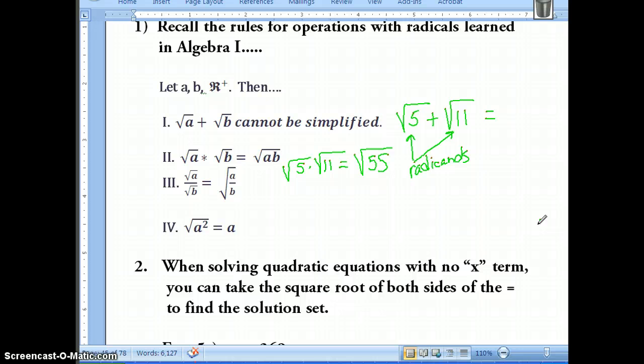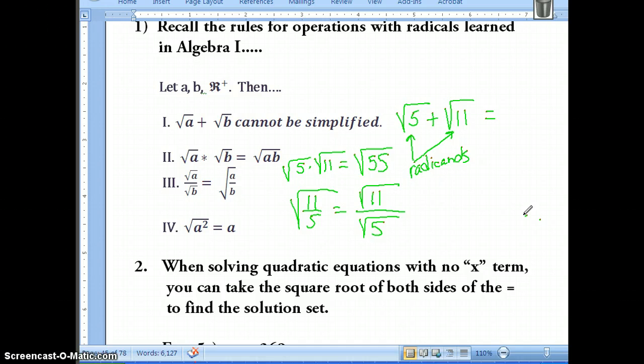Rule 3 states that when you have a radical written as a fraction, you can write it as two separate radicals, the radical of the numerator over the radical of the denominator. And so, for example, the square root of 11 over 5 can be rewritten separately. We do use this technique somewhat later in Chapter 9.